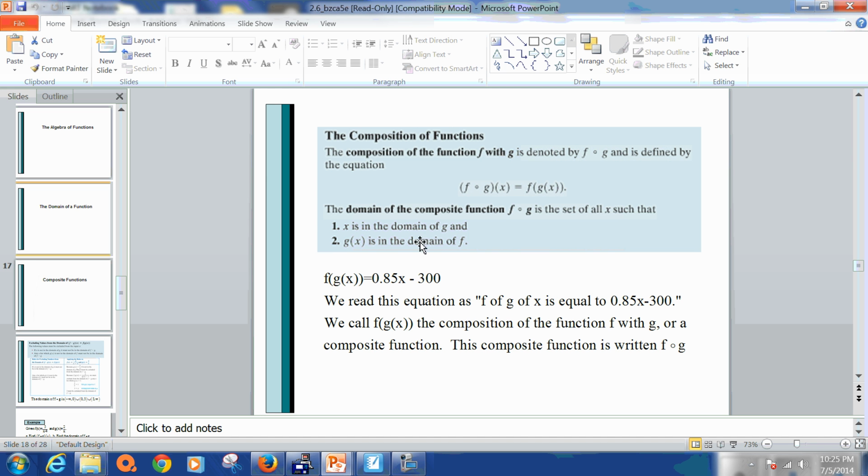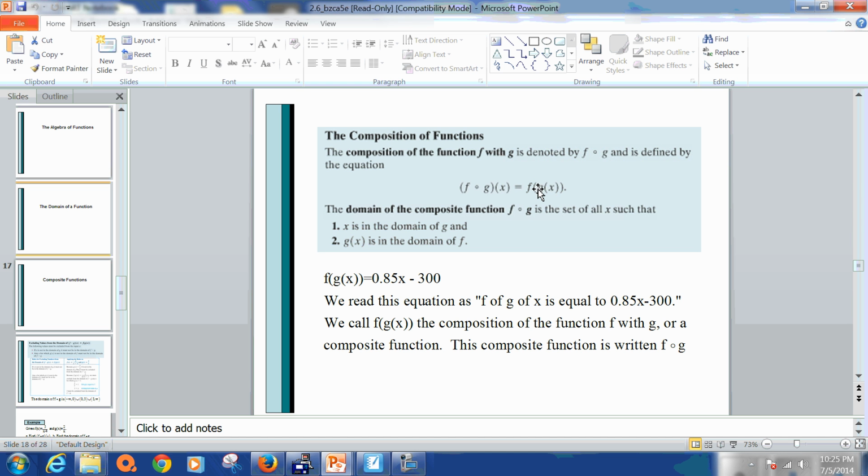We can have this fog-looking thing, or we can write f of g of x, and they both say the same thing. You read them from the inside out, or from the end backwards, where it says take g of x, everything that's g of x, and plug it inside of f.